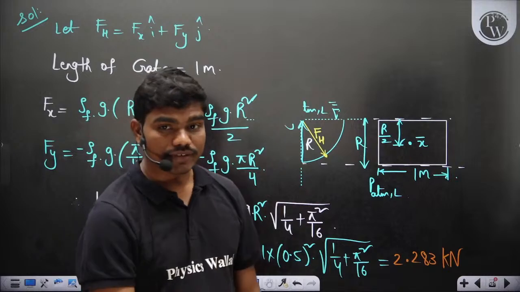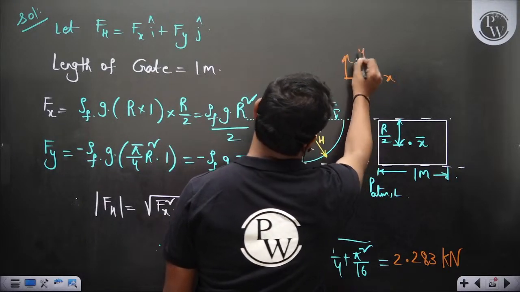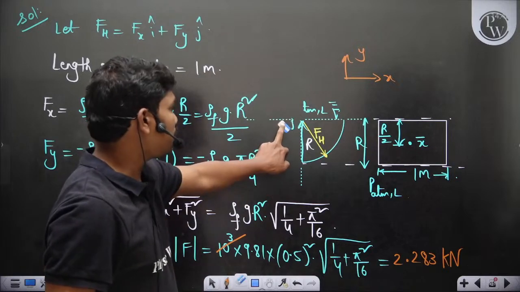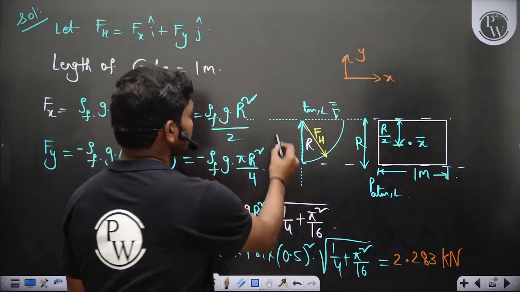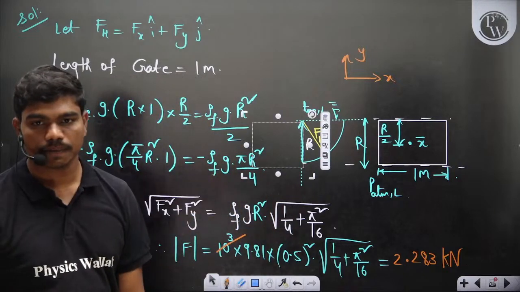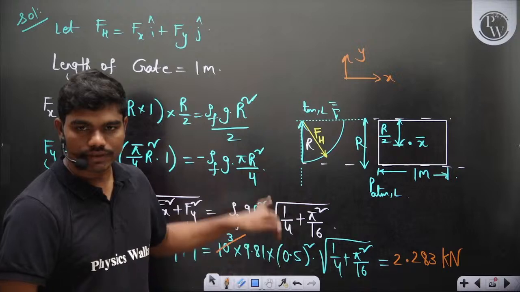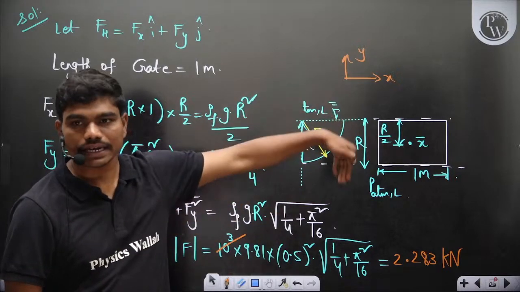Fy has a negative sign because normally the coordinates are x, y. But anyway, here we are only calculating the magnitude, so nothing will change. Fy is negative because the vertical force will be acting downwards.